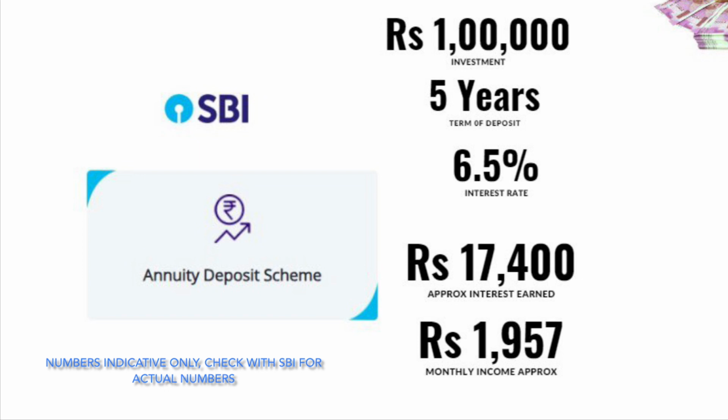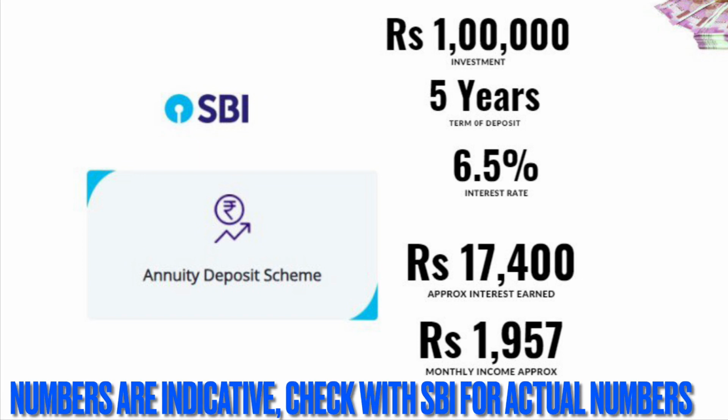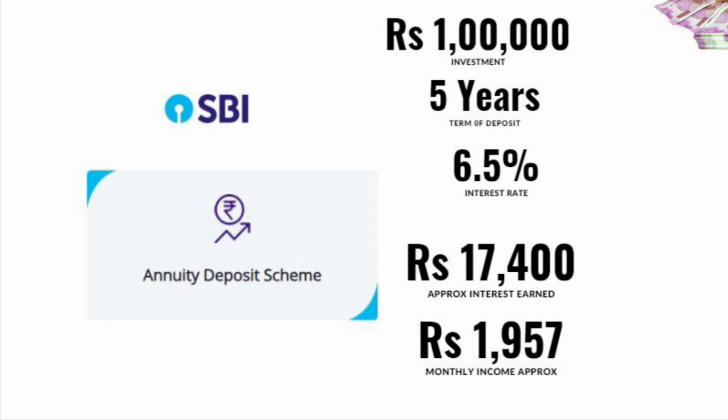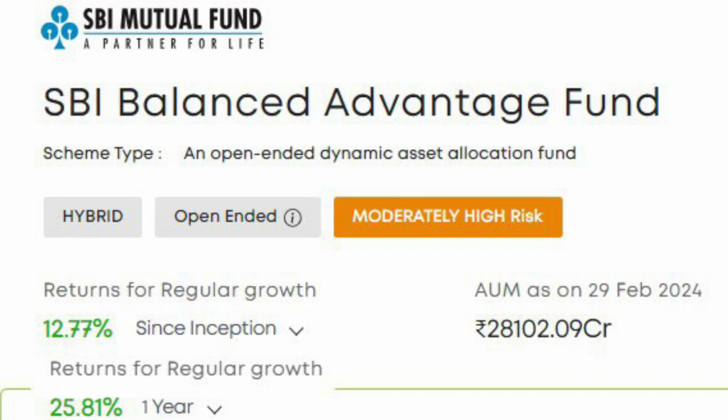On a 1 lakh deposit, you would earn an interest of about 17,400 over 5 years, an income of about 1,957 rupees per month.